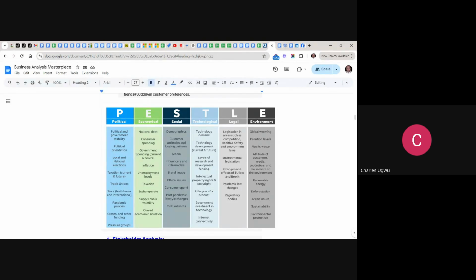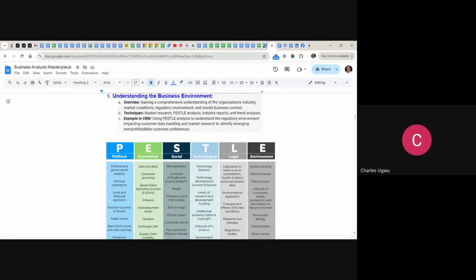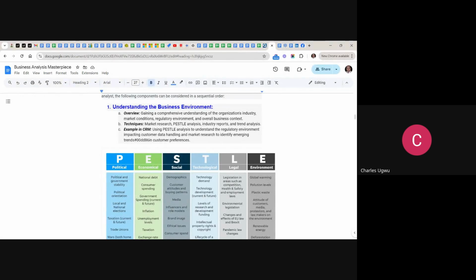But if we are business analysts and we understand this PESTLE analysis very well, and I'm here trying to engage some of you as business analysts, because we've seen that our project managers cannot give us a good market research or analysis to understand the business environment of Nearas.